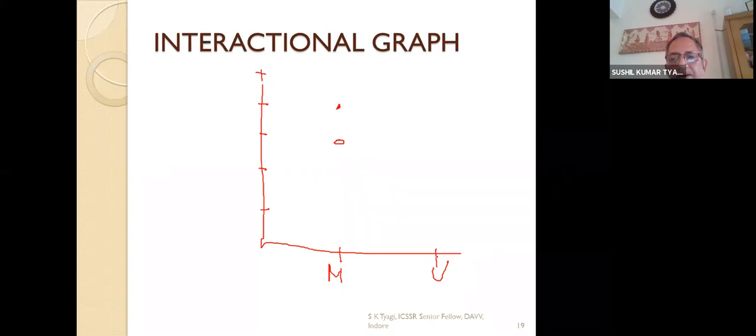Similarly, for unmarried, 4 is male, so male is like this, and 3 is female. Now join male, male, female, female. This is male and this is female.